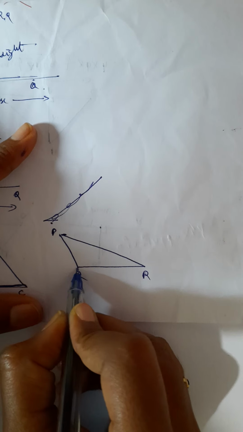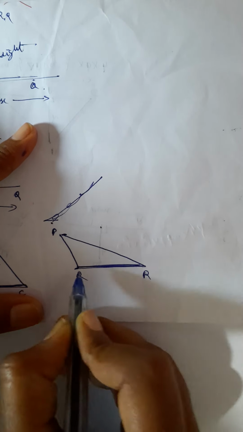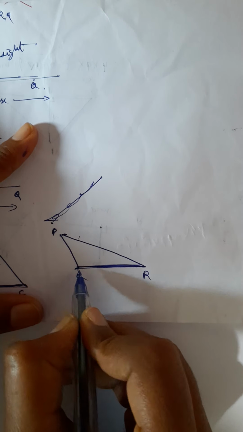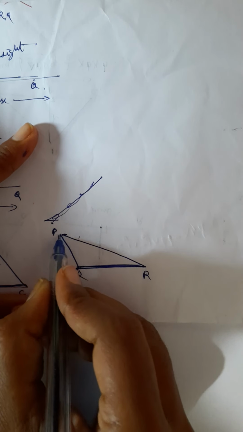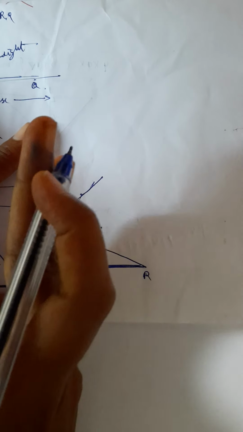PQR, if I consider QR as base, the perpendicular means it should be a 90 degree straight line, and the height should be from the opposite vertex. If the base is QR, the opposite vertex is P. So from P we draw a perpendicular line at a 90 degree angle.